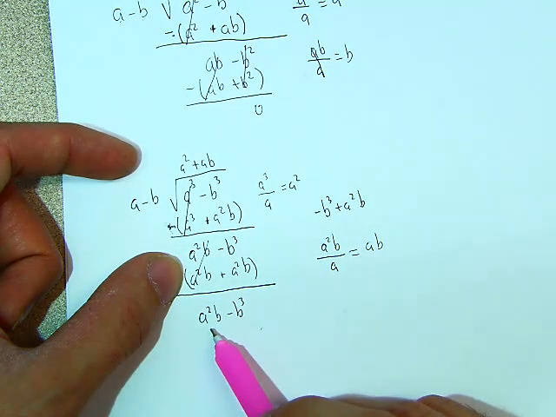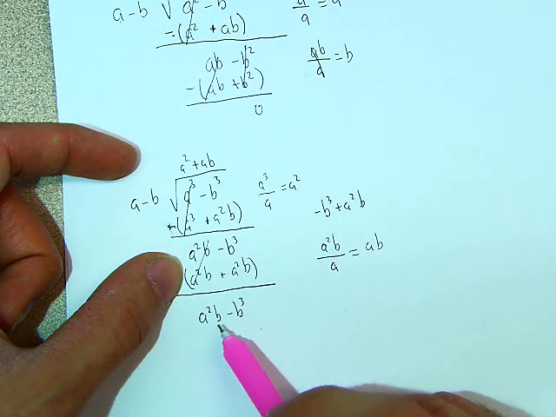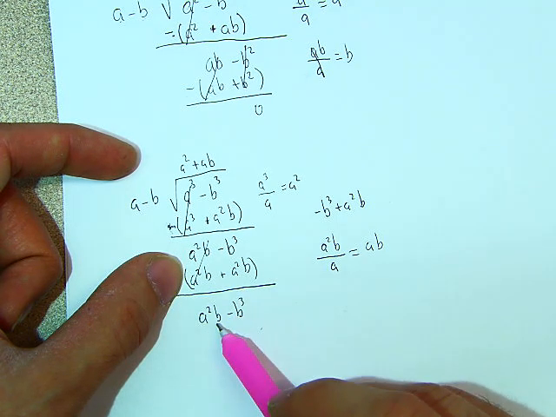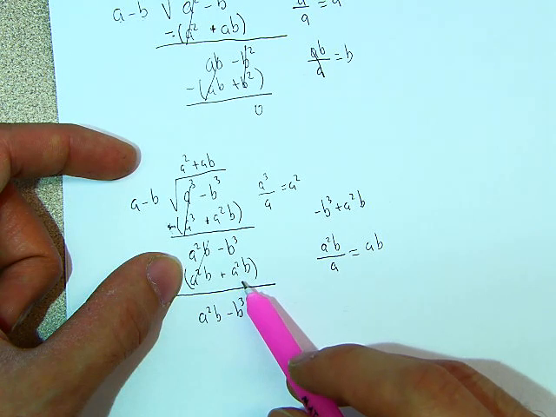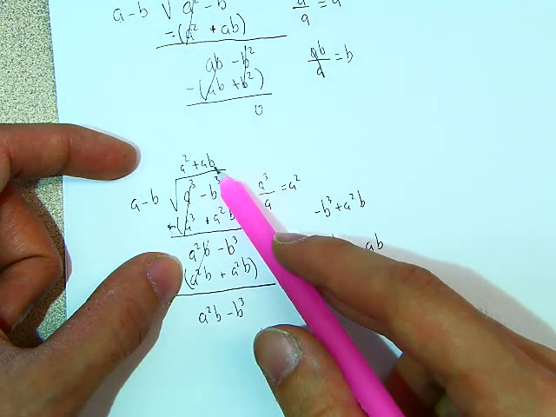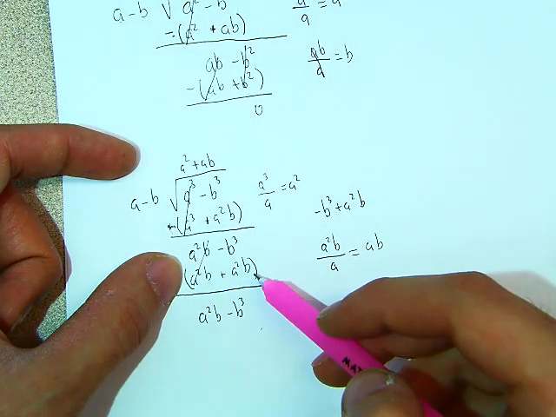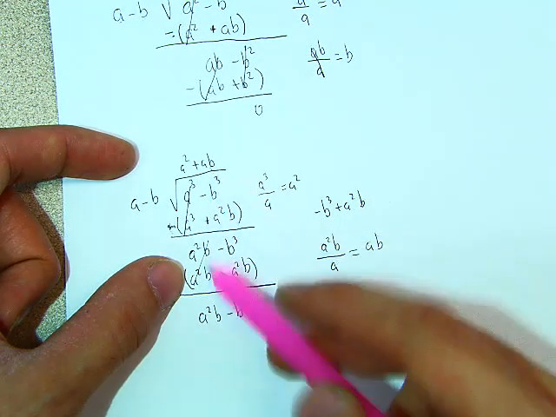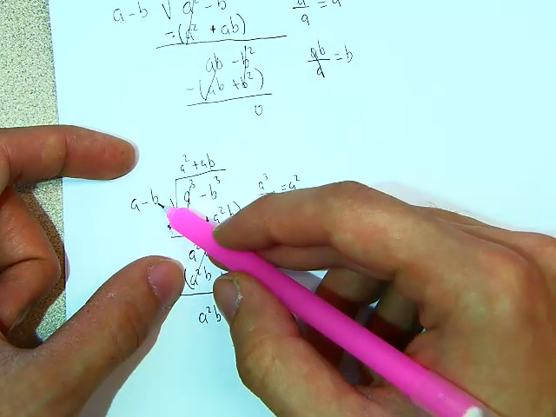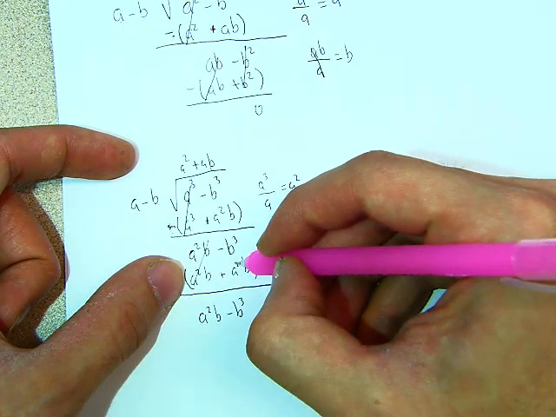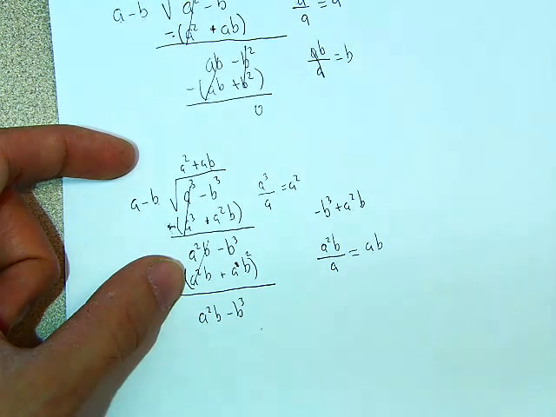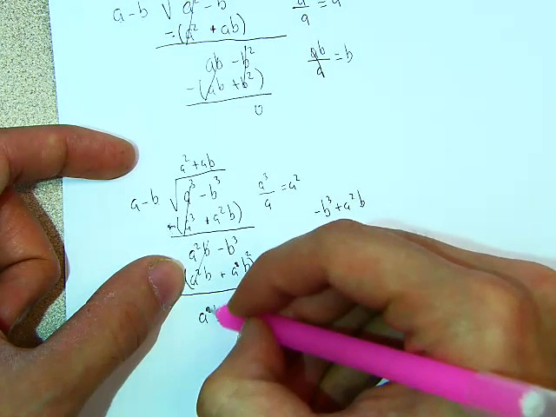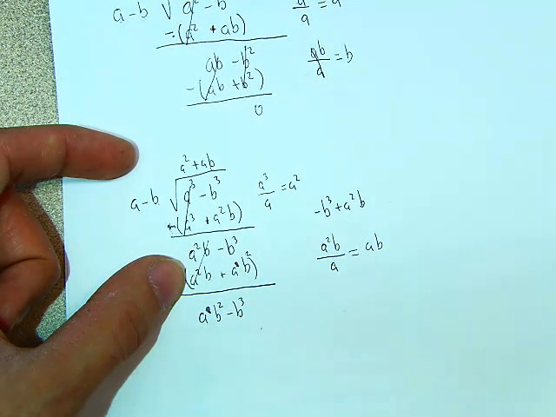How many times does wait, am I making a mistake here? Hold on. Ab times a is a squared b. Oh, you see, yeah. Ab times b is a b squared. Okay, yeah, because I noticed that was weird. So it should be a b squared, okay?